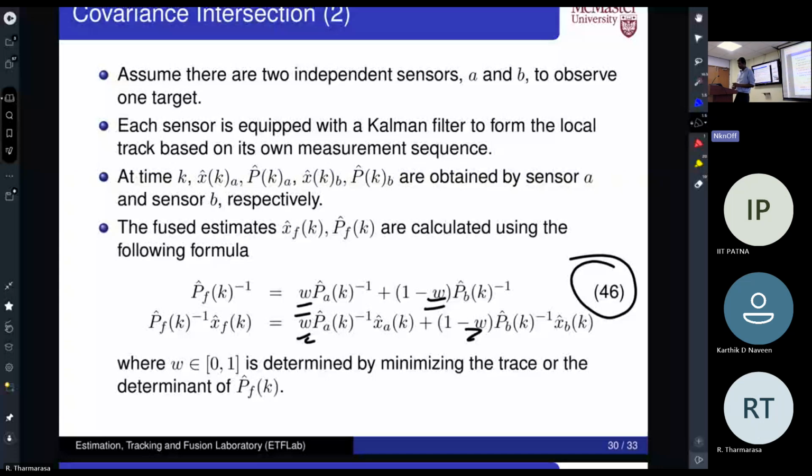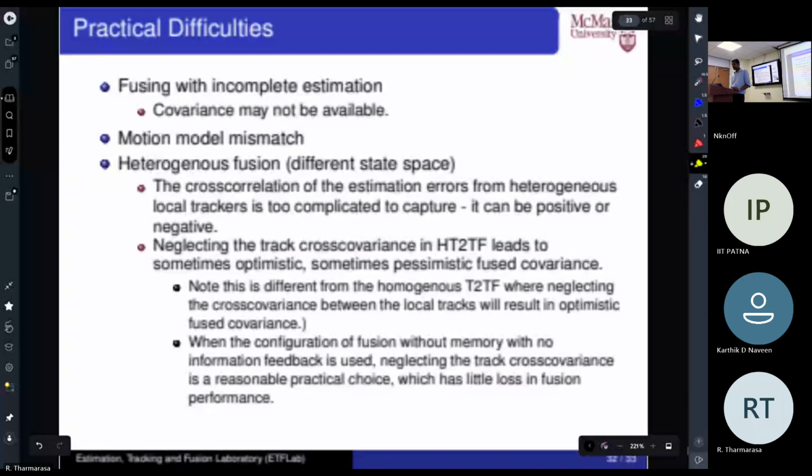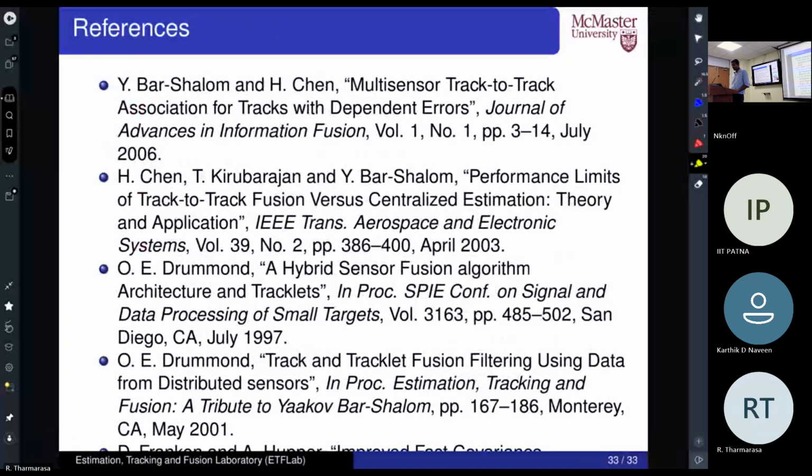I don't have an equation to calculate the W here. You may need to refer to the book or the paper to calculate that W, because that involves some optimization. So by solving that, you get it. Which paper is that? In the bottom one, I will show that.